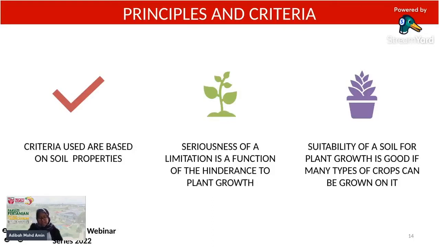The suitability class can be changed if some amendments are applied, and we do not take into account the distance from the food production area to the market. As to the date of the evaluation, we use current knowledge, and the suitability is basically general, and we use diagnostic data and other observations. However, climatic variation is not taken into consideration when we do the soil suitability evaluation.